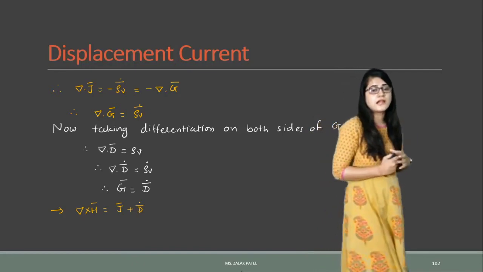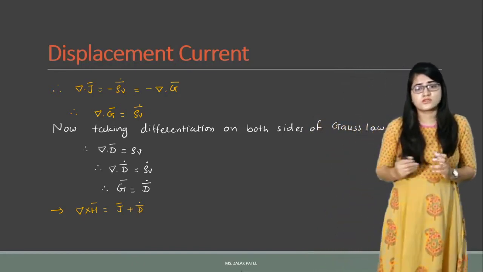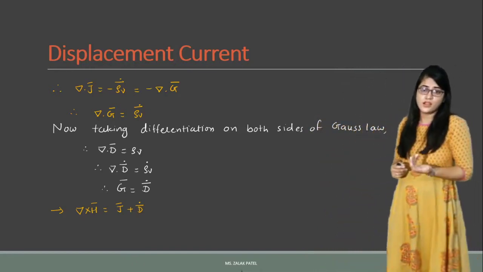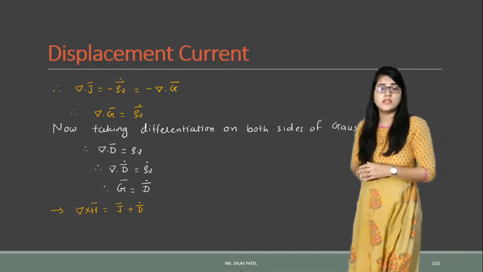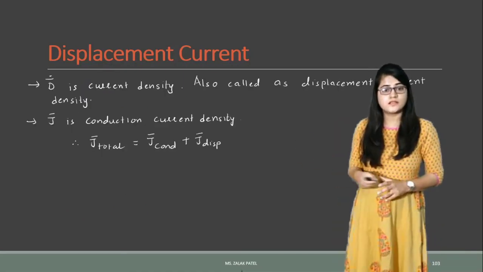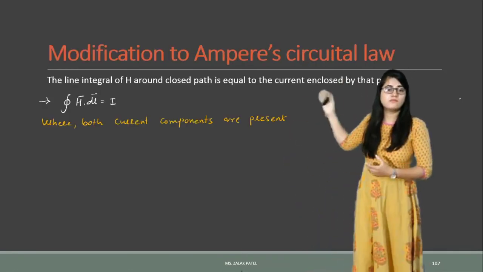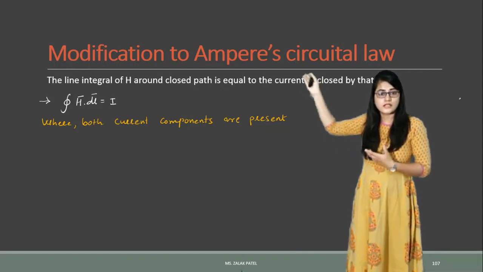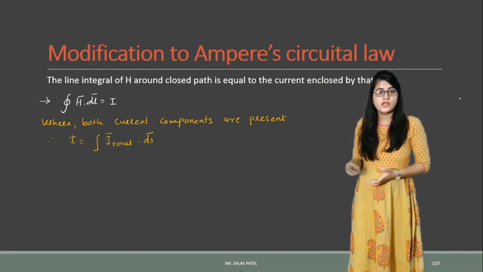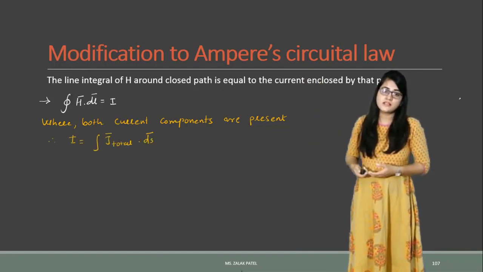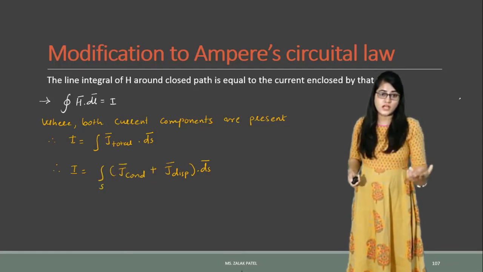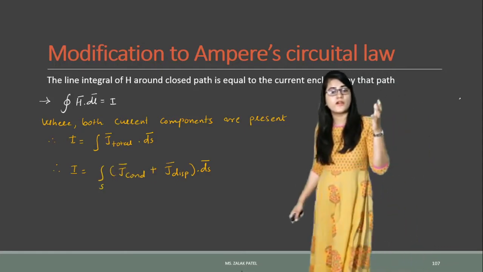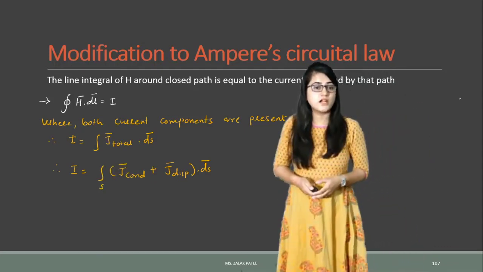Here you can also write this equation in terms of the Stokes theorem, as well as for the line integration you can use the Ampere circuital current density, J conduction plus J displacement. So as I said, the modification to Ampere circuital law can be made. According to that, integration of H·dL equal to I. We have already proved that I is equal to surface integration of J·dS, and J is the total of conduction as well as the displacement current term.